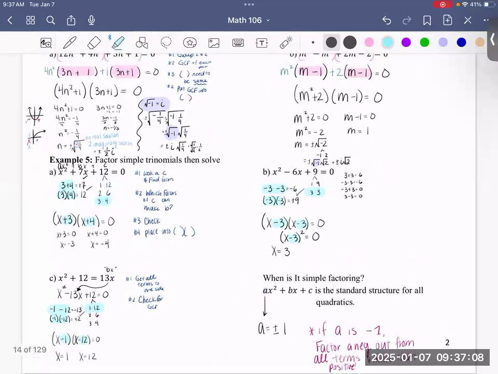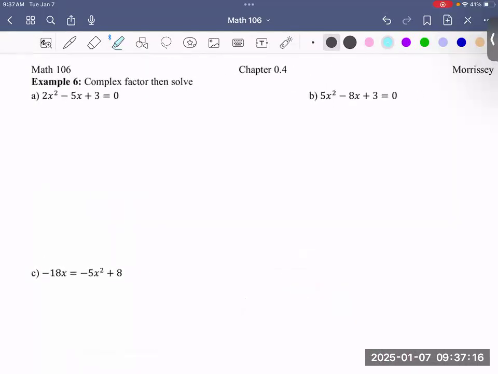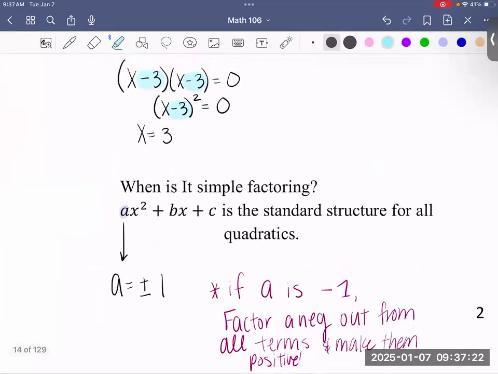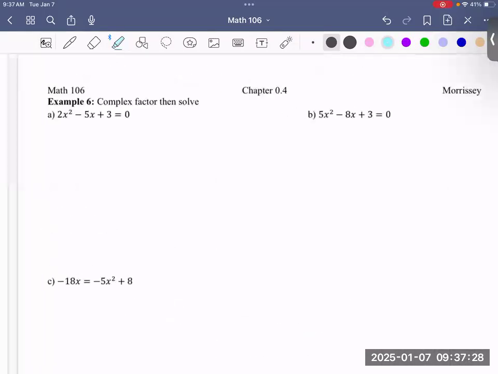There you go. So that is simple factoring. Now we're going to do one more, which is complex factoring. If simple factoring was when your leading term A was either a positive or a negative 1, the complex is the opposite of that.